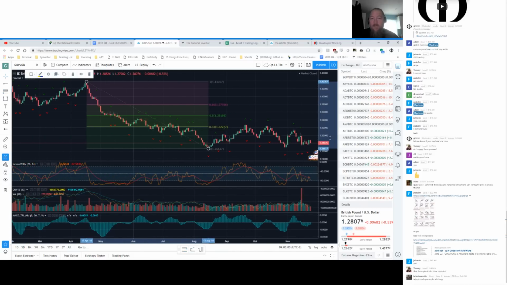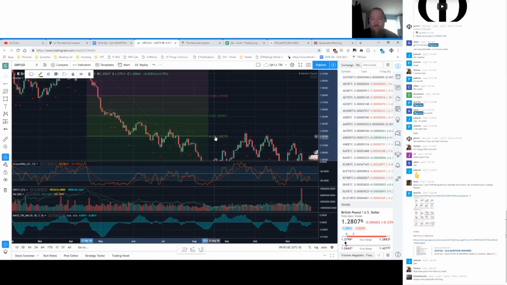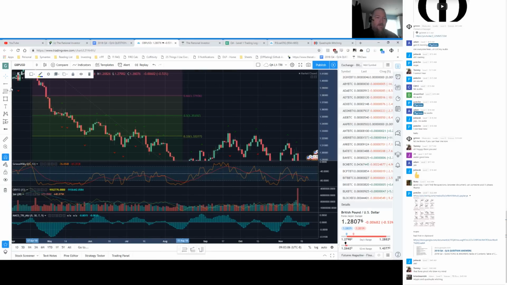All right, so we got this bot retracement. We've come back above 33%, but less than 66%, right? There we go. High, come here, high, and lower high here.